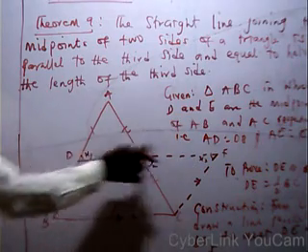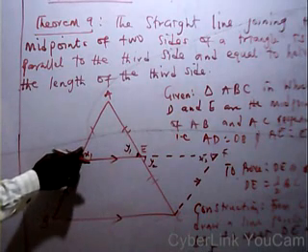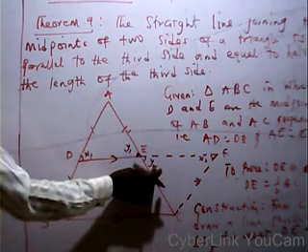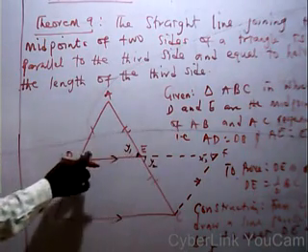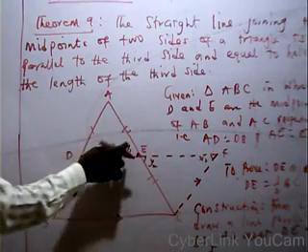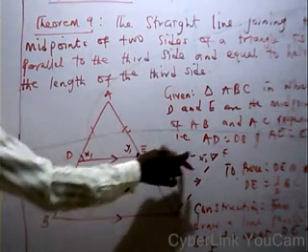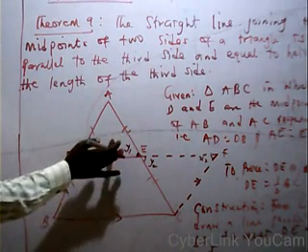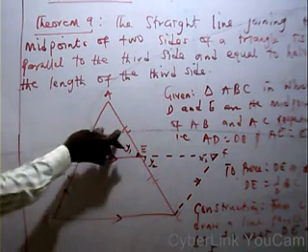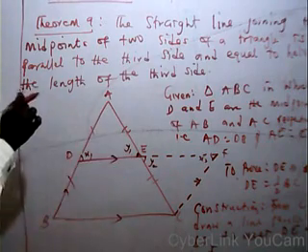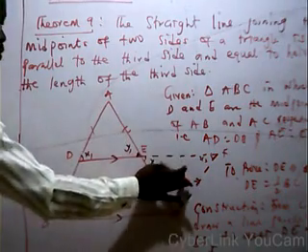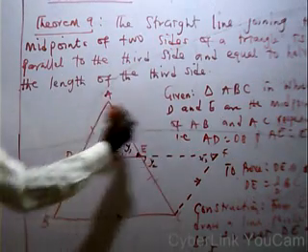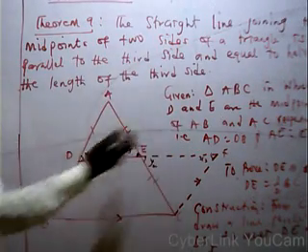Then this angle too, Y1 is equal to Y2. So two angles of this triangle are equal to two angles of this triangle. And not just that, this side is equal to this side. So this triangle and this triangle are congruent, and if they are, every other property of this triangle will be the same.